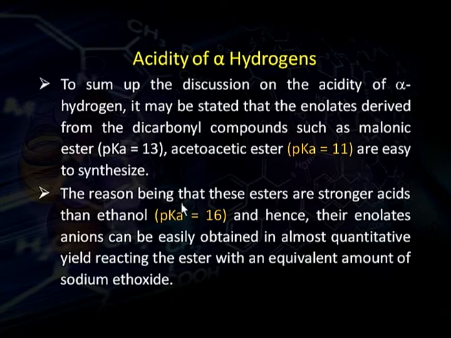The reason is that these esters are stronger acids than ethanol, pKa 16, and hence their enolate anions can be easily obtained in almost quantitative yield by reacting the ester with an equivalent amount of sodium ethoxide. These enolate anions in turn can act as nucleophiles in a large number of SN2 reactions of synthetic importance.